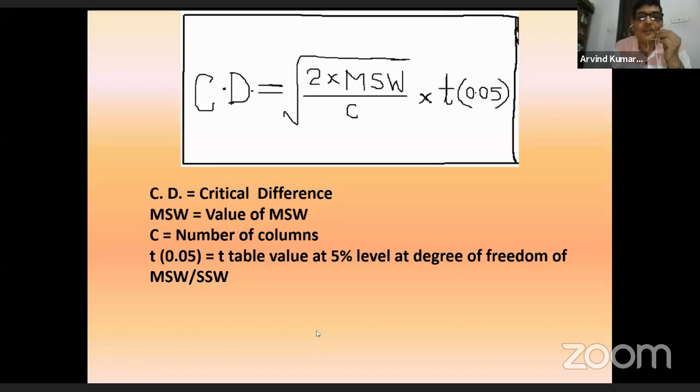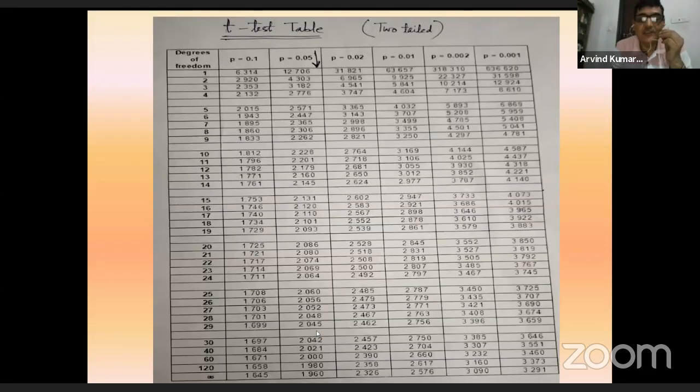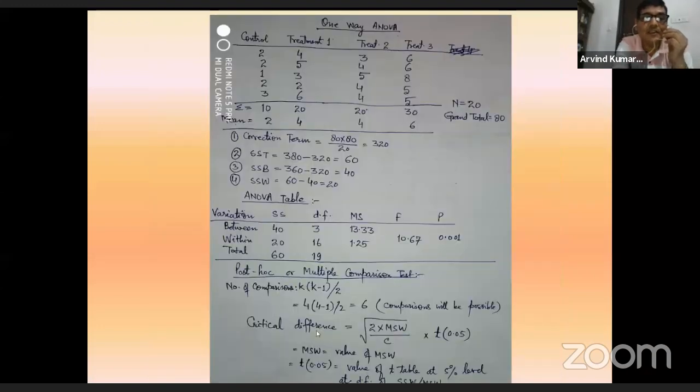So in the next case, you can see how this is being done. See, this is the t table, and from this table we shall be able to get the specific value at 5% level. If degree of freedom is 10, then at 5% level that value is 2.228. So this 2.228 value will be taken. Now here in the lower half you can see I have shown how this post hoc or multiple comparison test will be done.